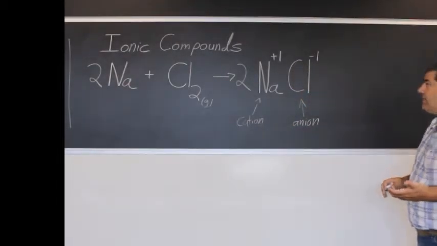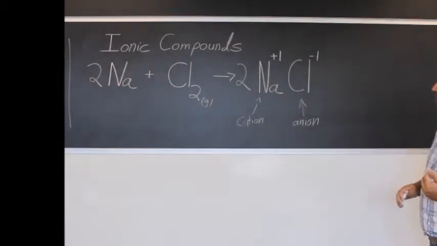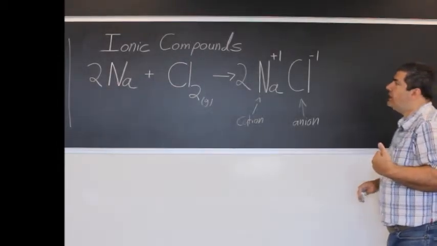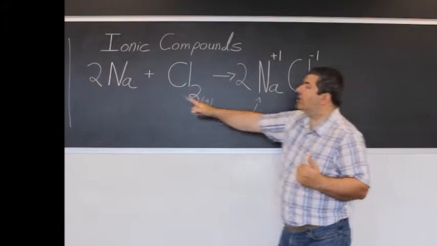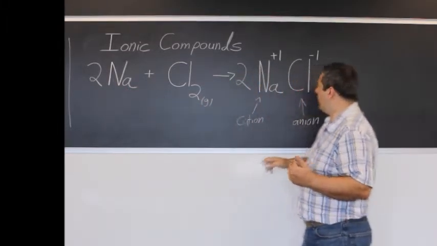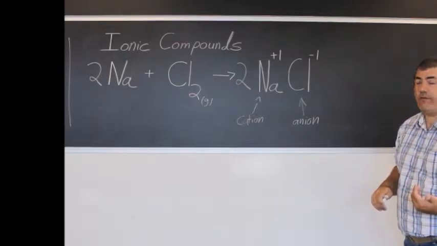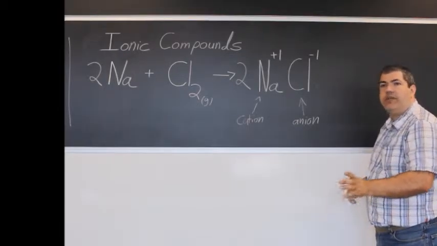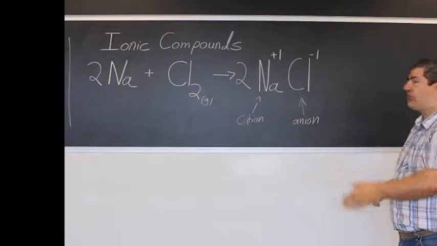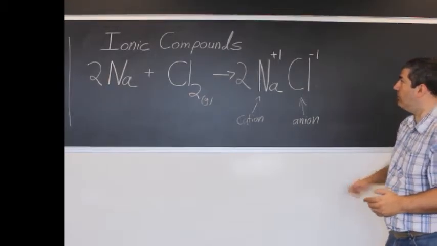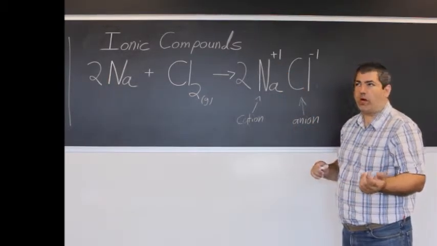On the periodic table, and I'll give this to you in more detail in class, what we're going to find is the position of an element on the periodic table can often indicate what charge of species it's going to form. Sodium is in group 1, the first column of the periodic table, so it tends to form +1.